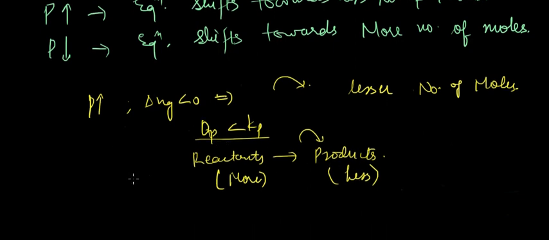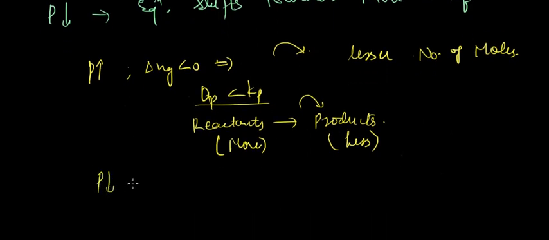While in a case when P was decreasing and delta ng was positive, let's say, in that case what will happen is, again Qp would go lesser than Kp, or rather Qp will go more than Kp.